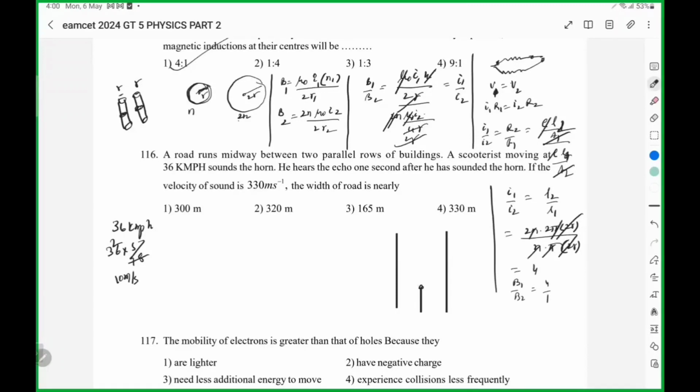Once he sounds a horn, it spreads in all directions, but the scooterist continues to move along the same direction. So he will hear an echo once it reaches the parallel rows of buildings. Again, the scooterist will receive that sound.